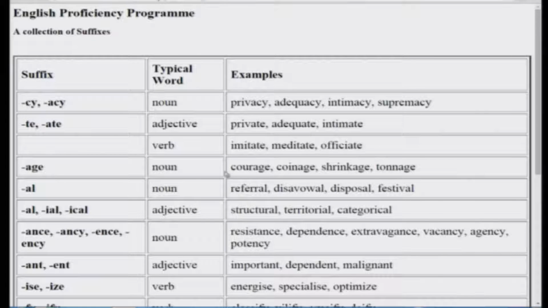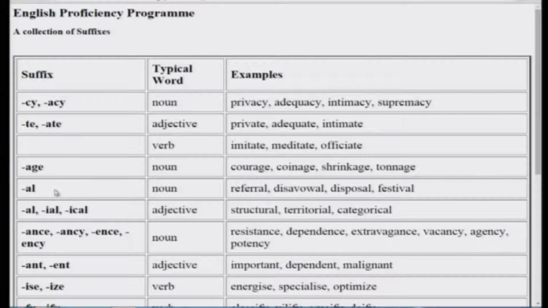You know, courage is actually derived from cor, which is the Latin root, has come through French to English, and it means heart. So, your courage and your cordiality have the same root. It has a cardiac root.